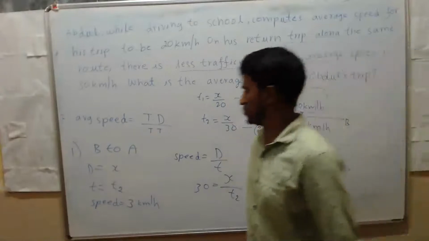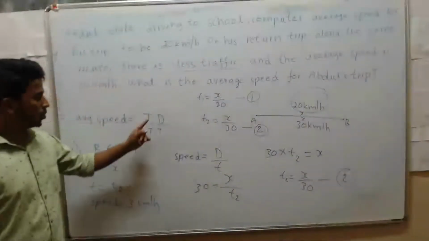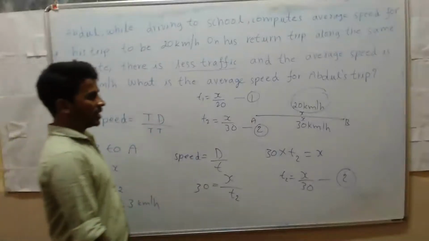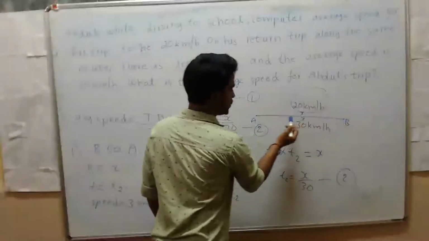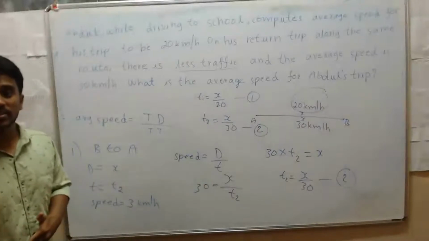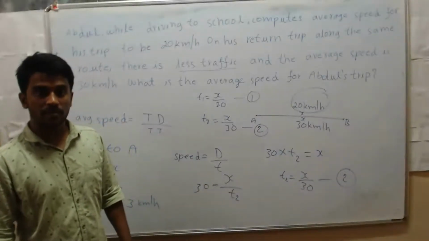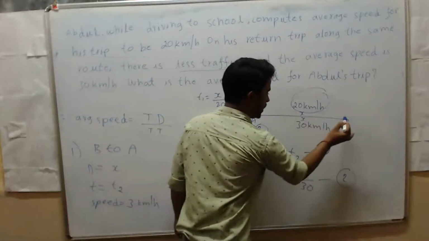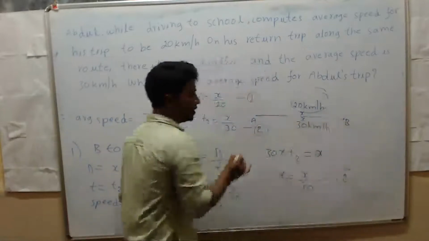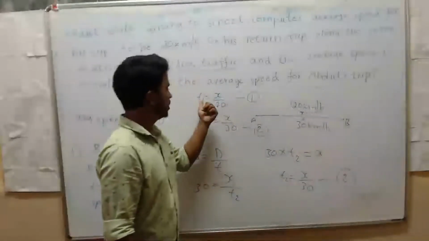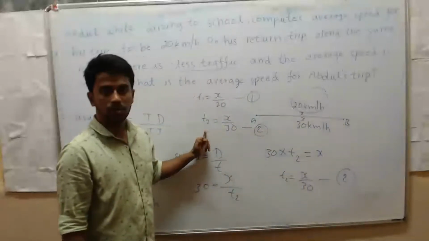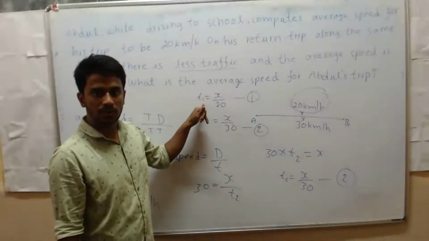We need average speed. So average speed equals total distance by total time. What is the total distance? A to B is x, then B to A is x. So x plus x, that is 2x. What is the total time taken? Total time taken means the time taken from A to B, then the time taken from B to A. So A to B is t1, B to A is t2. Just add t1 plus t2.